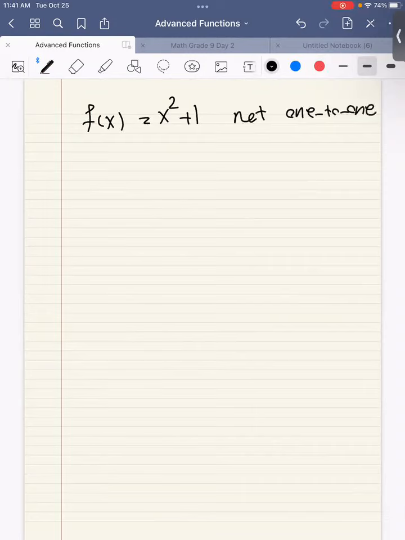Okay, so obviously this function f of x equal to x squared, or say x squared plus 1, is not 1-to-1. Why? Because you just need to give me one example. For example, f of 1 is equal to 2, but f of -1 is also equal to 2.